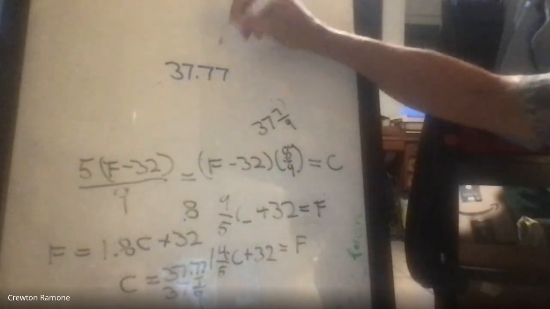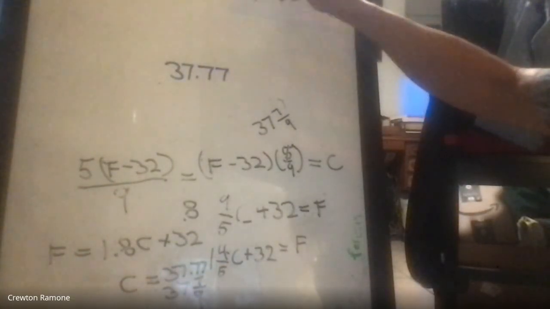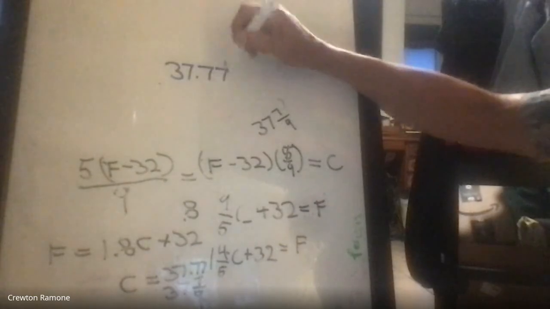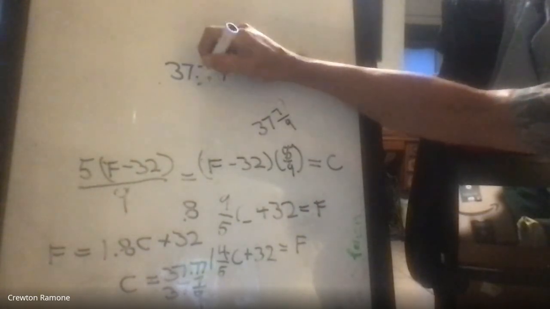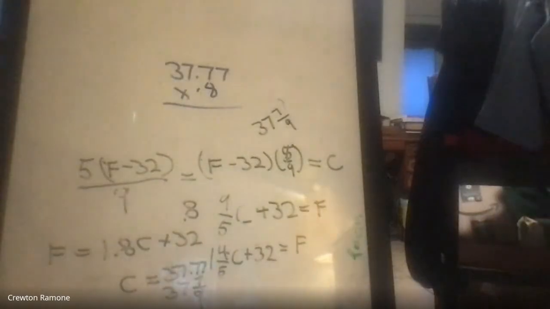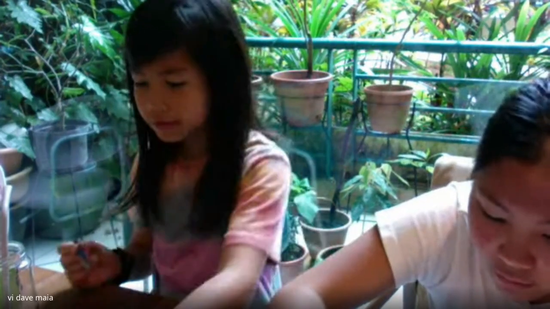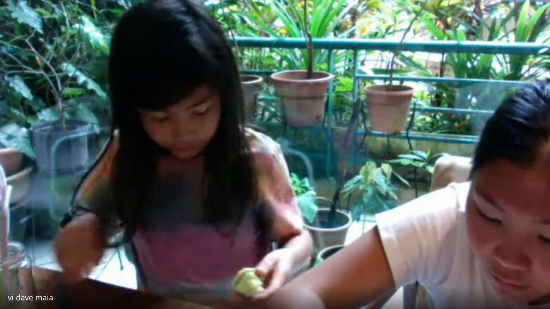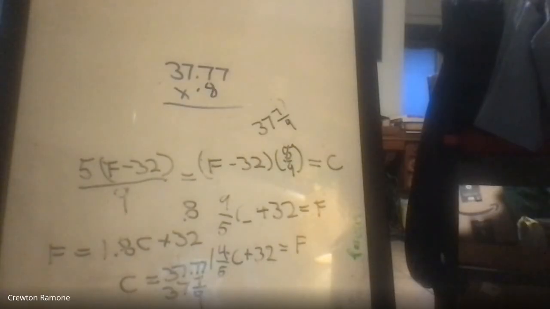So 37.77. We're not even using blocks. And I'm going to multiply that by 0.8. Is it 67.98? What do you think?